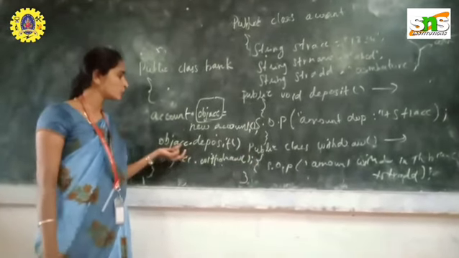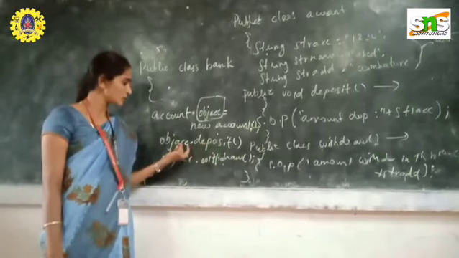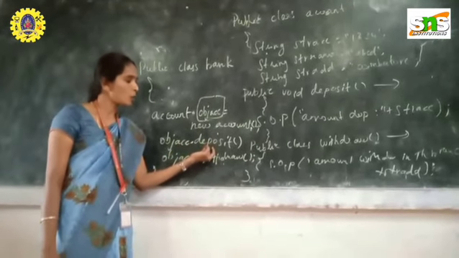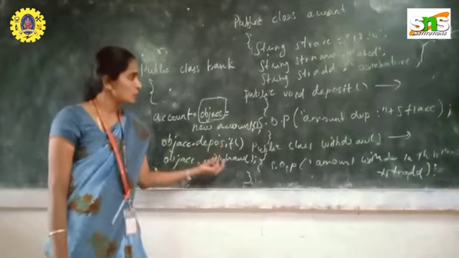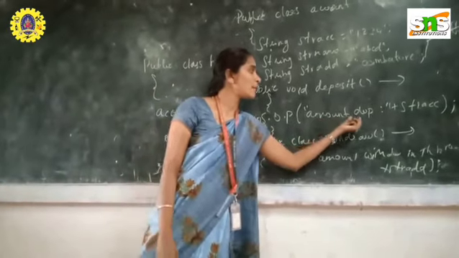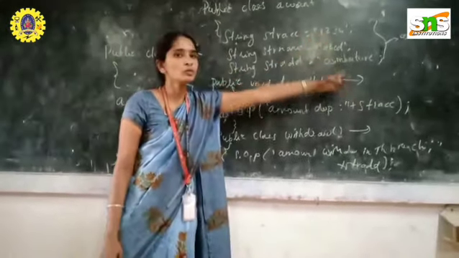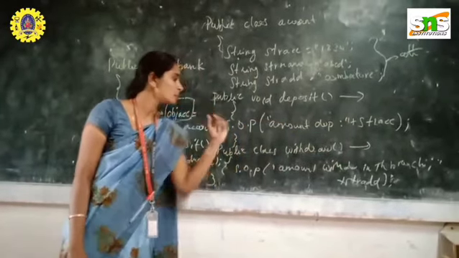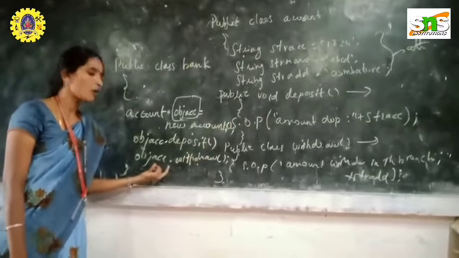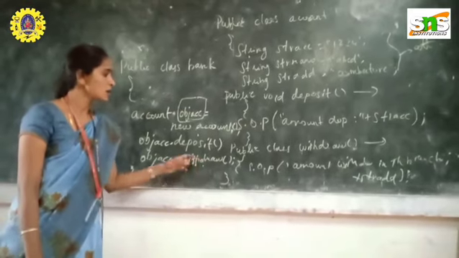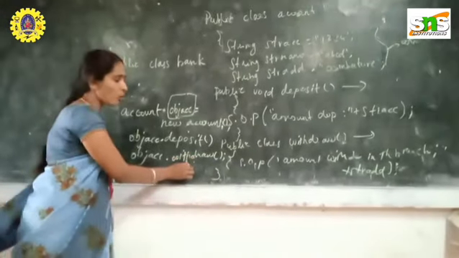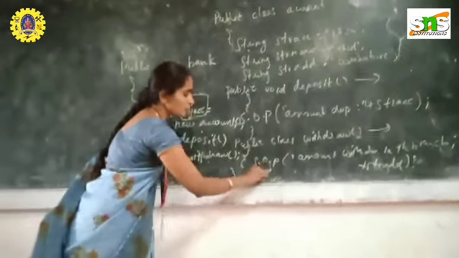While calling these functions using the object, the output will be amount deposited in 1, 2, 3, 4. This will be printed. The next call is object account dot withdraw, and this function's output will be printed.